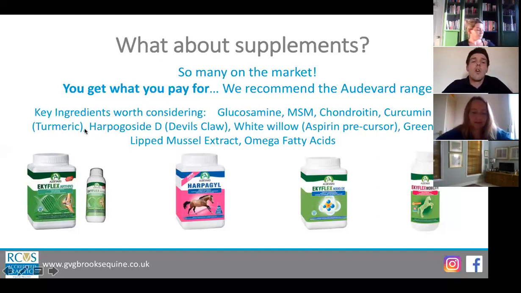It works on the horse's inflammatory system the same way an anti-inflammatory drug does, the same way bute does, so it can be a really helpful anti-inflammatory and painkiller for horses that are a bit stiff and sore, getting older, and just need a bit of support, but maybe aren't quite at the stage where they need to be on bute regularly.